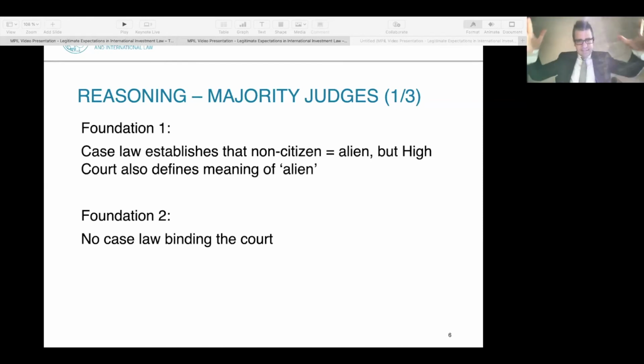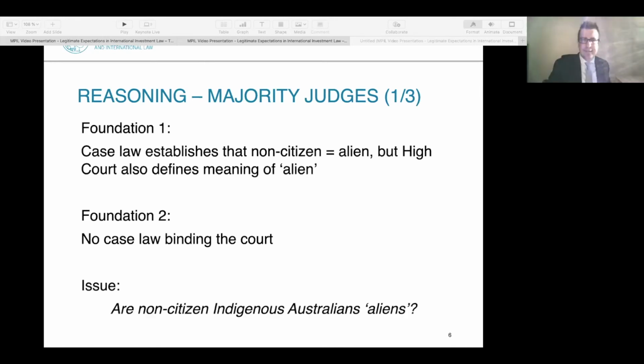Therefore, you'd think that their case fits within the boundaries of the precedent. The majority judges said no. What was the distinguishing factor in their opinion? The fact that the two plaintiffs were Indigenous Australians. This brought them outside the precedent. So the question now becomes: are non-citizen Indigenous Australians aliens under the Australian Constitution?